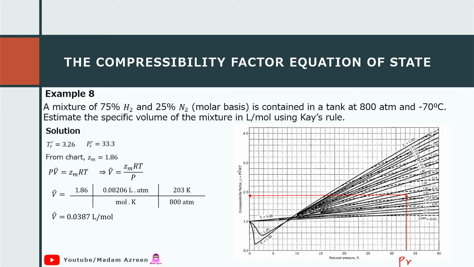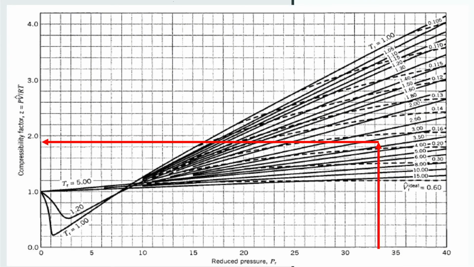I zoomed it in for you. The value of TR is 3.2. There is no exact line, but we can estimate around here, and then we can get the value of Zm.